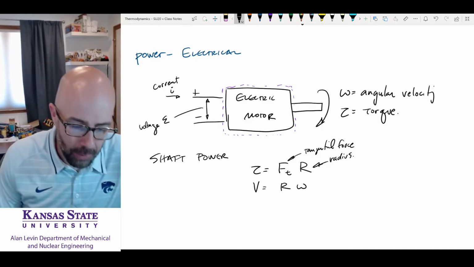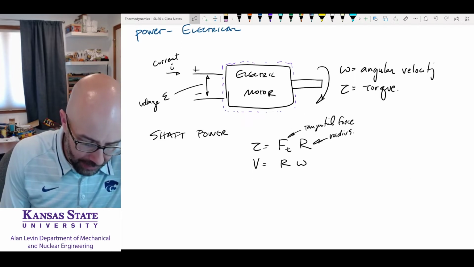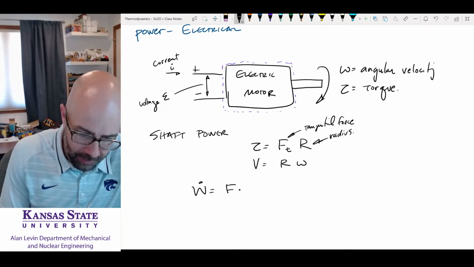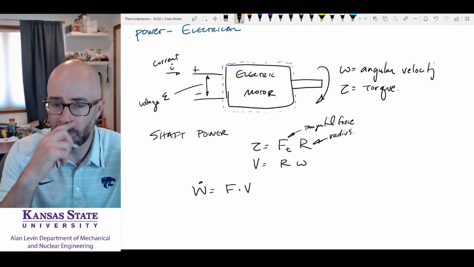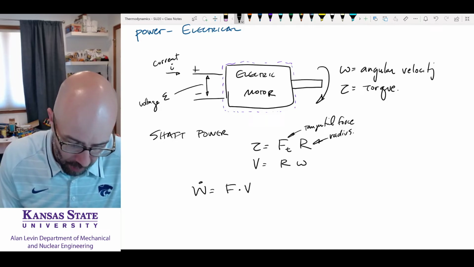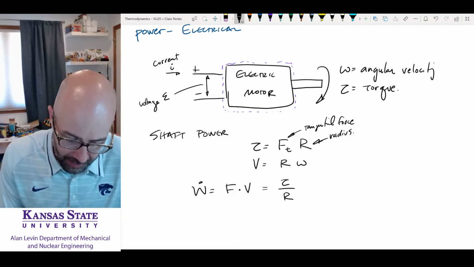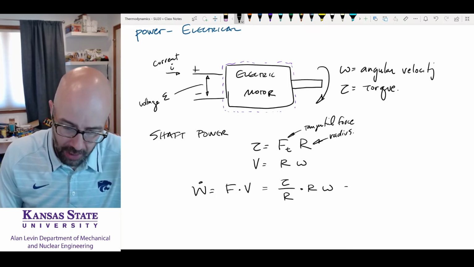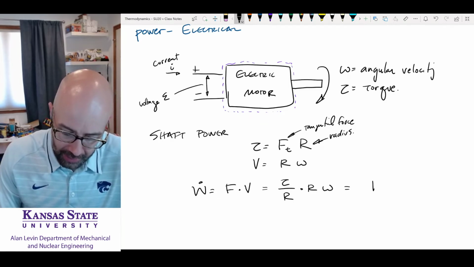I'm bringing this all up because remember what we said at the beginning of this lecture, that W dot is equal to force times velocity. Power is equal to force times velocity. Well, what is that going to give me? Force here is going to be tau over radius times velocity, which is radius times angular velocity. And we're going to end up with W dot equal to tau times omega.